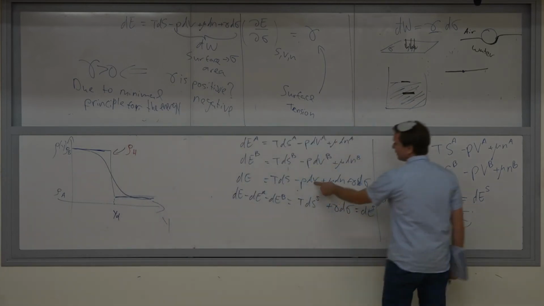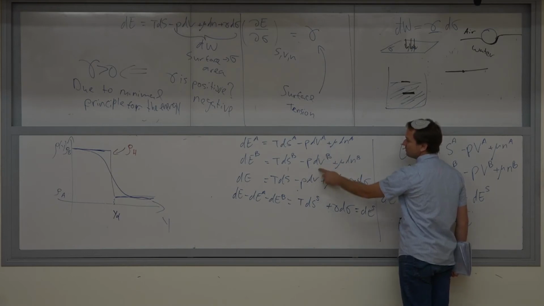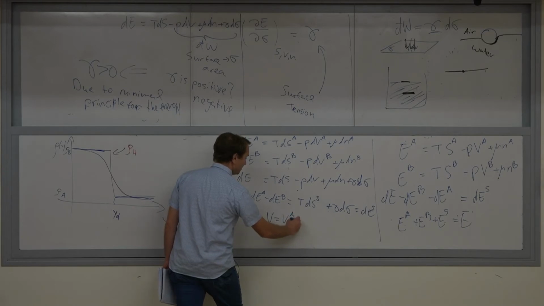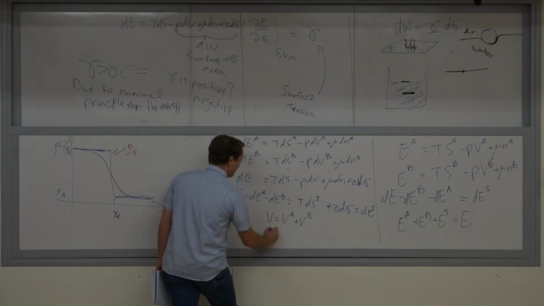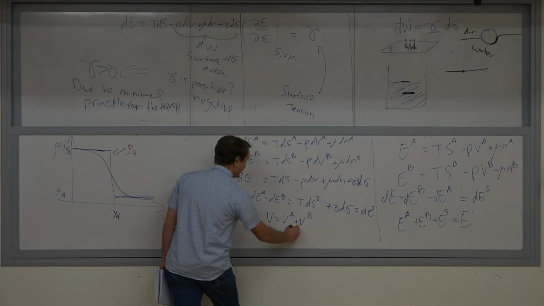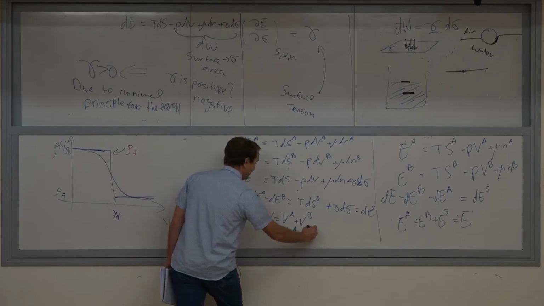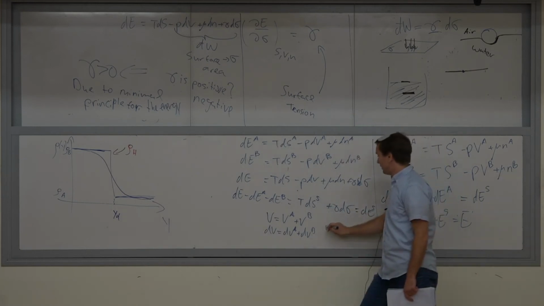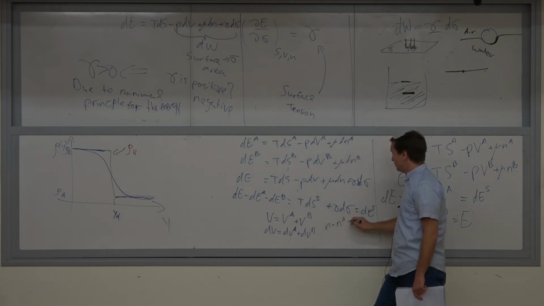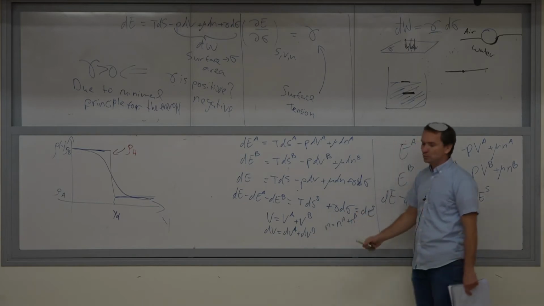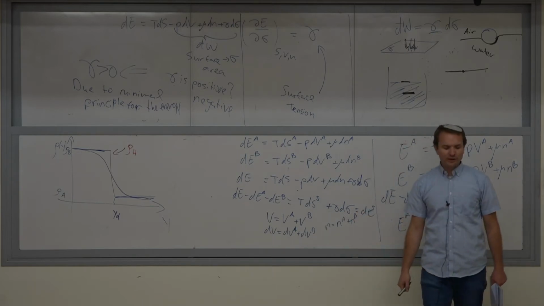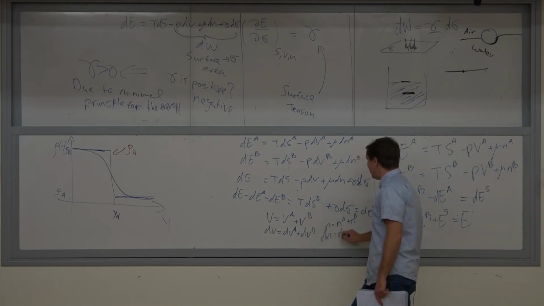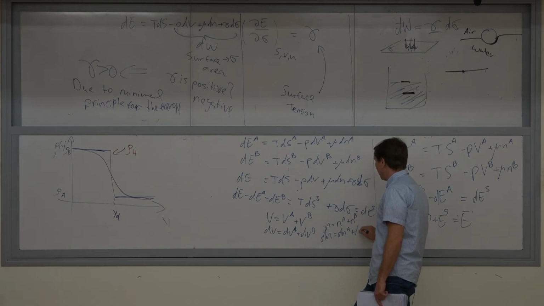Because V equals V_A plus V_B, and dV equals dV_A plus dV_B. The same goes for N. N equals N_A plus N_B. We already used this option in order to define where the surface is located. So dN equals dN_A plus dN_B.